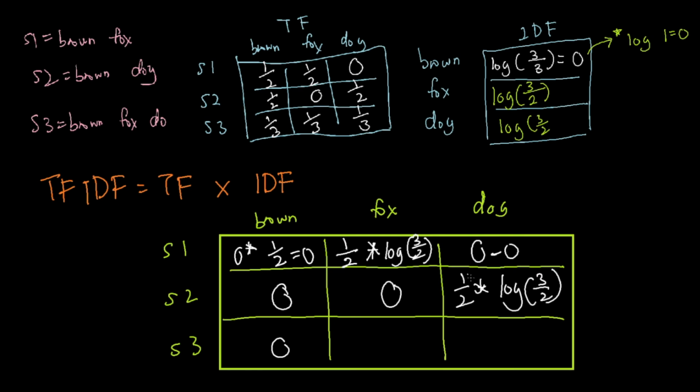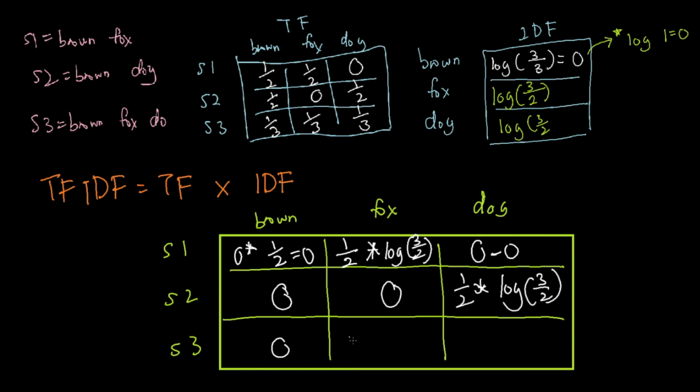So in sentence 2, dog plays a significant role, while brown plays no role because it appears in all of the sentences, so it is not special to any sentence. There is no fox in this sentence, so dog carries the significant value. We know that in this sentence we are talking about the dog.